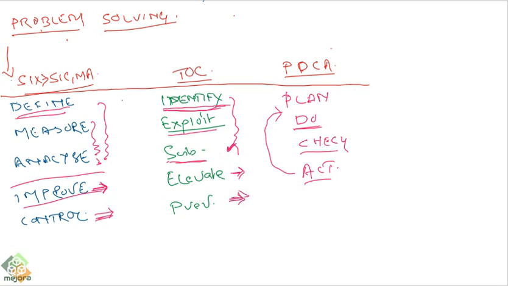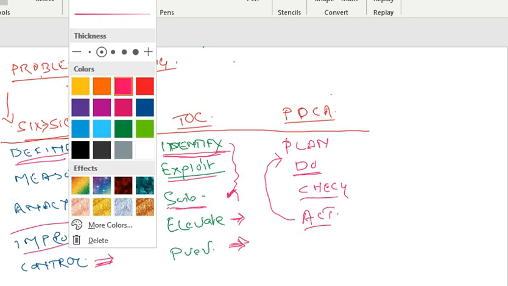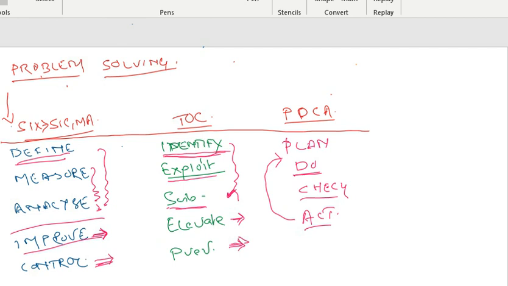Now linking all this together, let me tell you broadly how I use my process. So what I do is, whenever I come across any process or any bottleneck, whatever I find, the first step for me is to identify the problem.